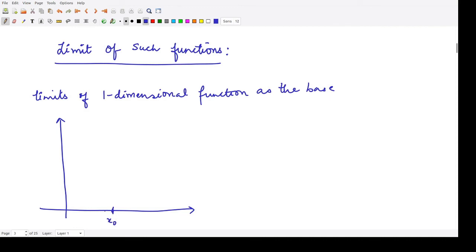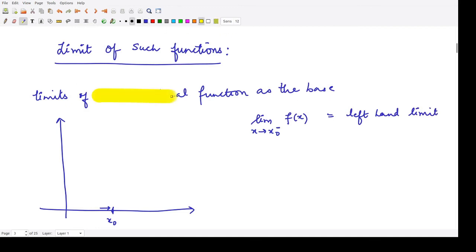So whenever your x reaches this x naught from the negative side, f of x, this was your left hand limit. Left hand limit whenever you had this function of one dimension, right? So you had this left hand limit defined like this.